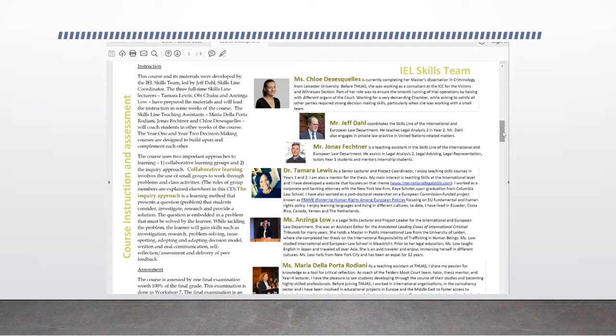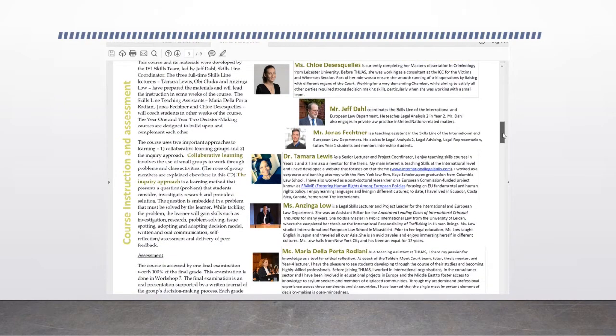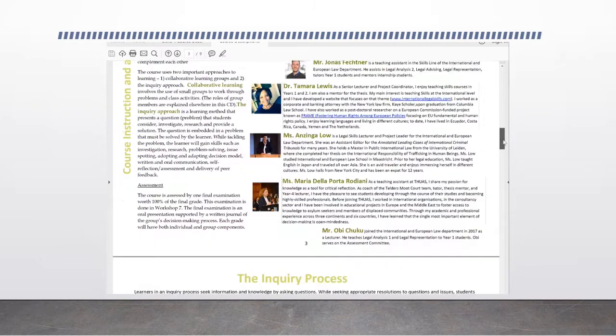Obviously, they will be looking at different scenarios, but this skills team is going to be teaching in both of the courses during this school year, and that's a change from what we normally do. So all skills lecturers and all skills team members that are TAs will participate in one way or another in both the year 1 and year 2 courses.